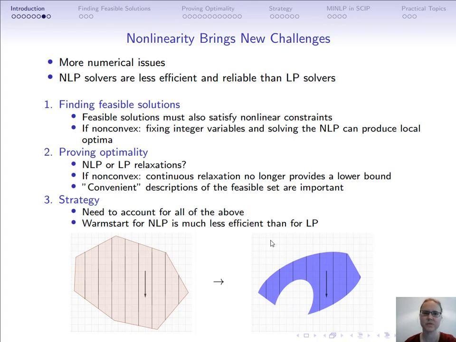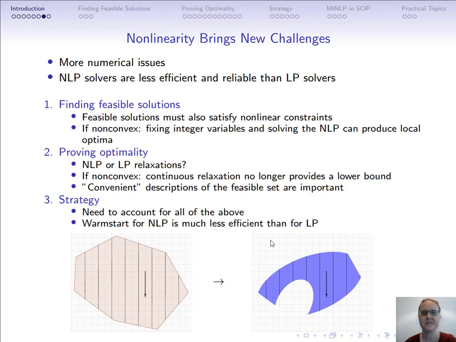Then if the problem is also non-convex, then there is another serious issue: if you relax integrality requirements and solve the relaxation, then you will not get a valid lower bound. Because again, you might have just a local optimum, and the local optimum has a higher objective value than the real global optimum, and so that is not a valid lower bound.